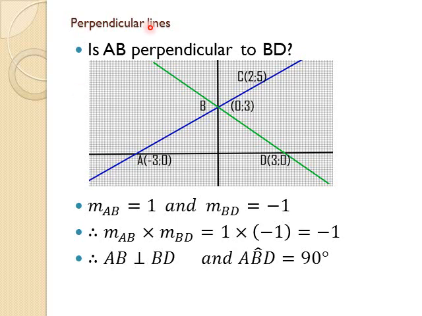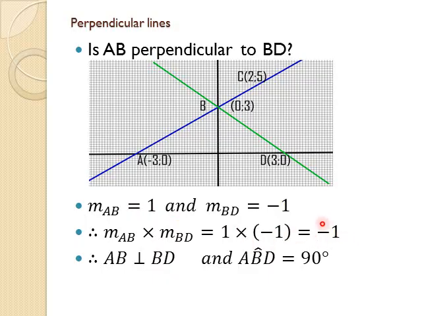For perpendicular lines, is AB perpendicular to BD, meaning where they meet, do they form a 90-degree angle? We calculated gradient AB was 1, gradient BD was -1. So gradient AB times gradient BD becomes 1 times -1, which gives me -1.